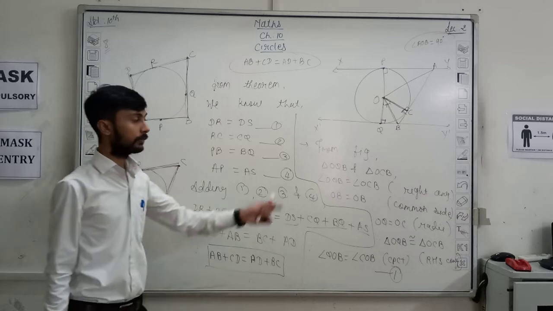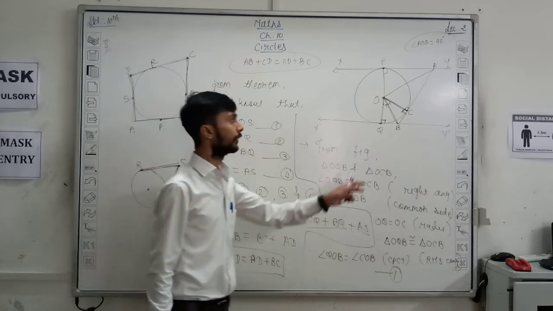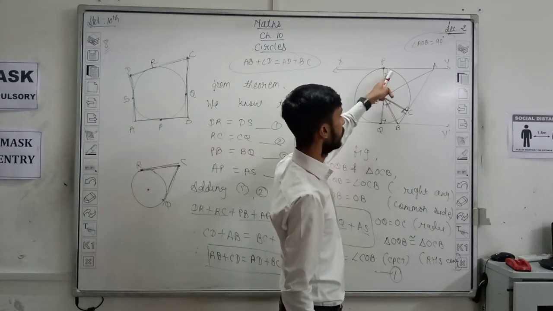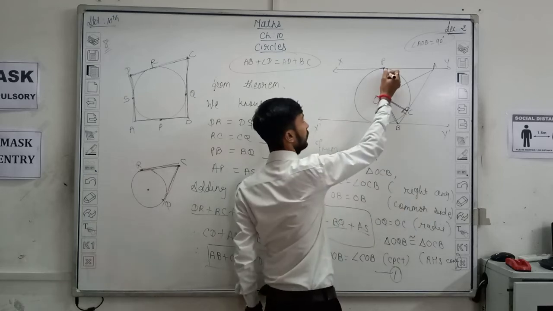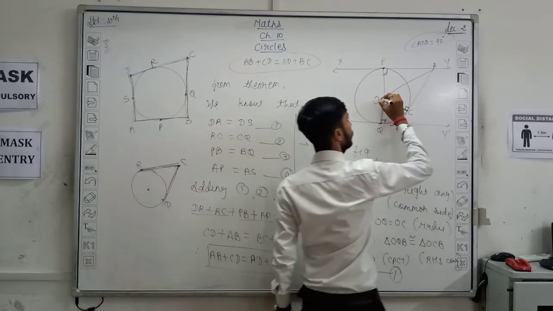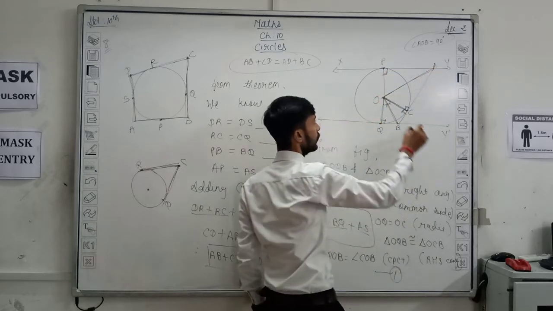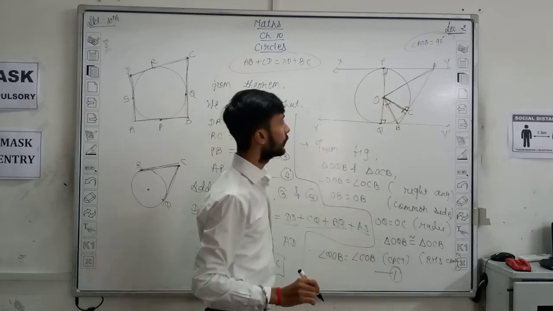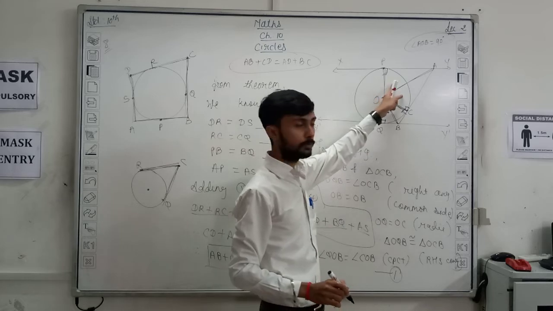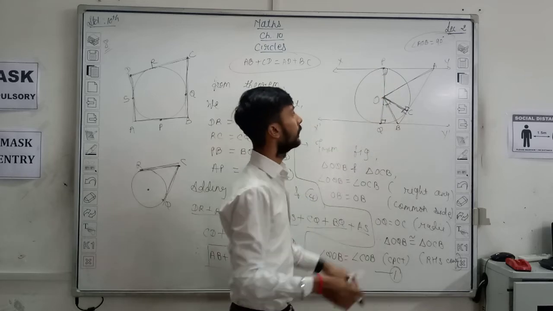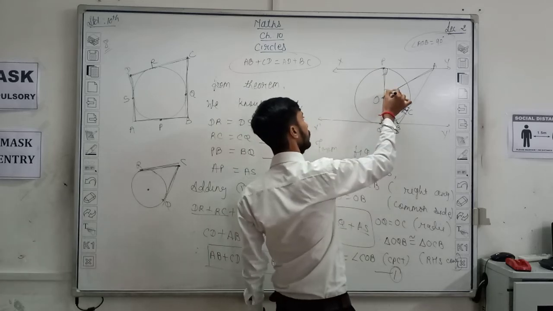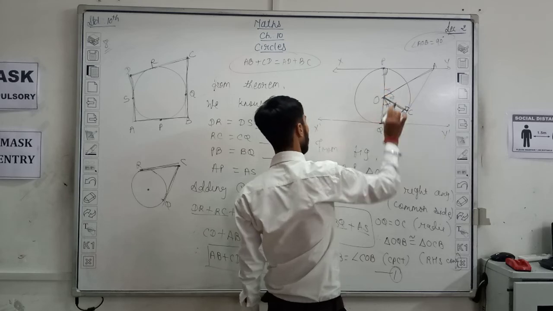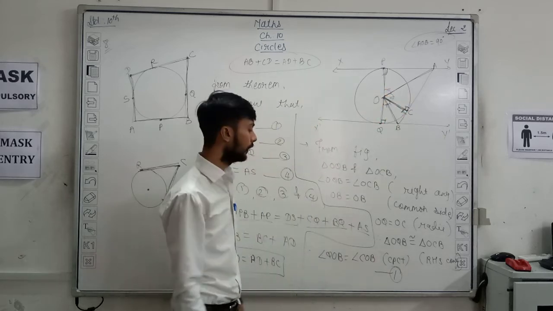Okay. So same procedure for these two triangles. You can see right angle, R, common side, H, and radius, S. Okay. So by RHS these two triangles are also congruent. So again in this triangle, this angle and this angle are equal.